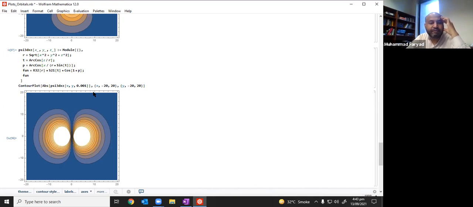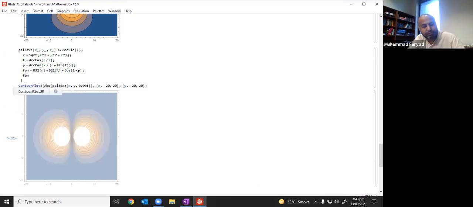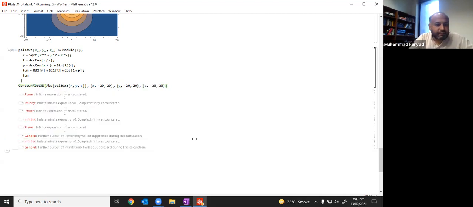Actually, I think we can construct a 3D contour plot for x, y, and z. Let's see if I can do that, because then we should be able to get a 3D picture. Because of r equal to 0, it's complaining at some point, but I hope that it gives the plot.